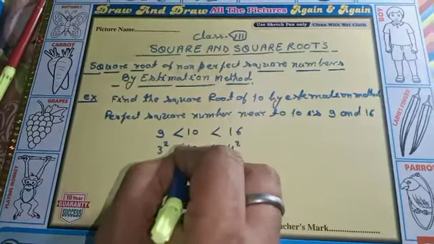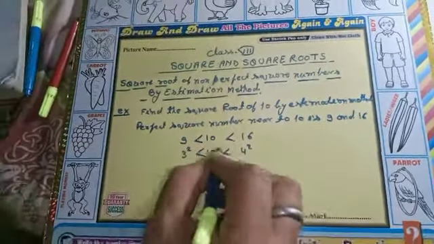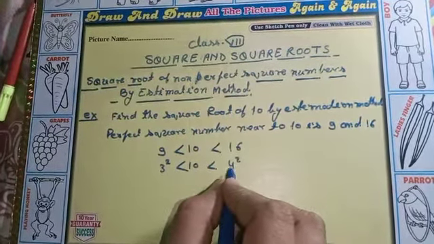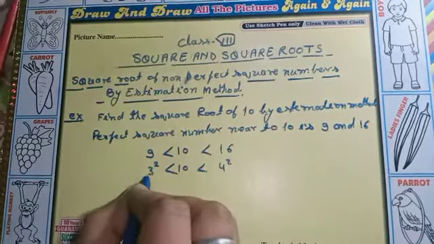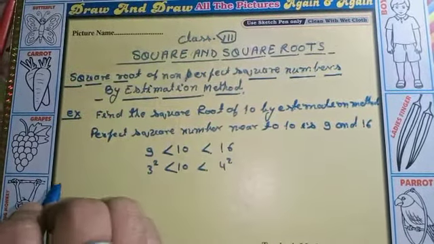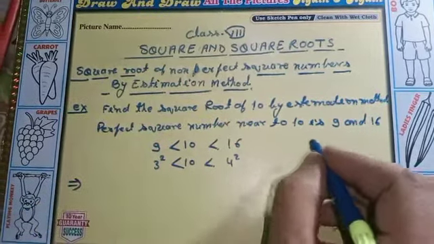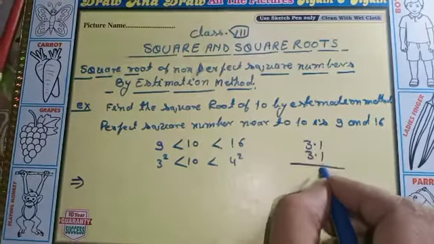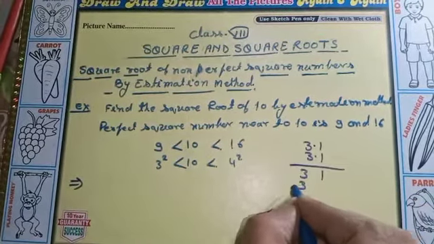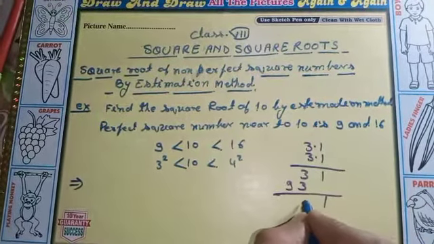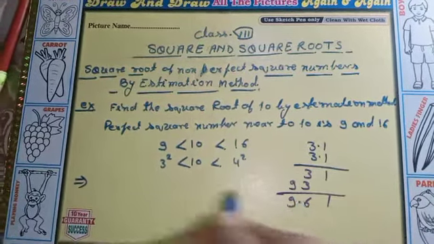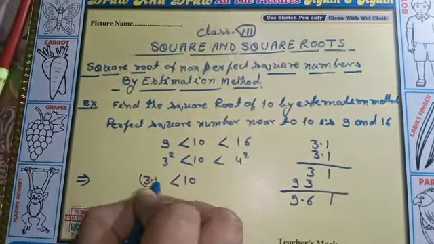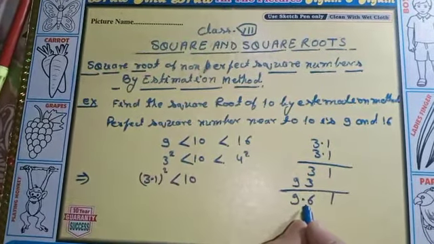Now we adjust 10 between 3 and 4. Here the value of 3 is increased and the value of 4 is decreased. So first, 3.1, the square of 3.1 is 9.61.